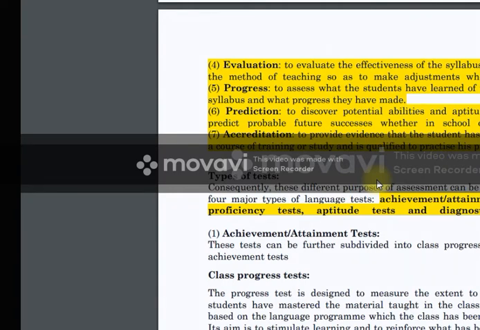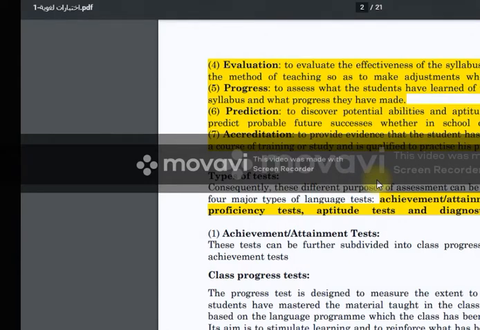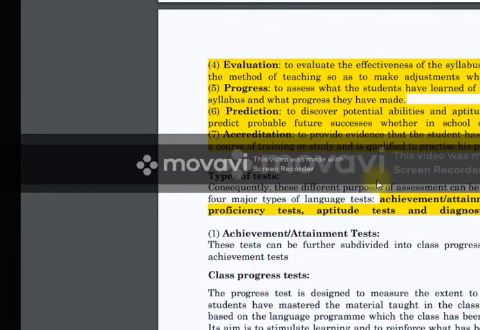So for the first student who got 40 out of 50 in grammar, I can make a prediction of what he will be at the end of the semester. We are talking at the beginning of the semester. So he got 40 out of 50 in grammar. At the end of the semester, I can predict that the student will be excellent in grammar. But in speaking, not good.